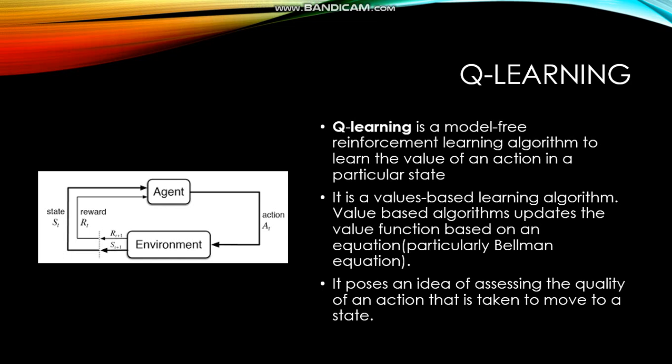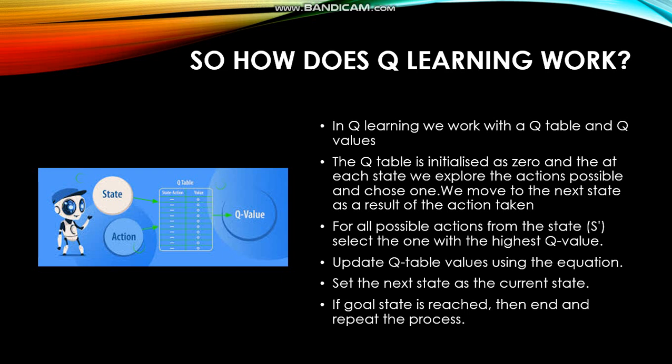Q stands for quality, so we're literally looking at the quality of the action. It's a value-based learning algorithm, and it updates the value function based on an equation, the Bellman equation. It poses the idea of assessing the quality of an action that is taken to move to a state.